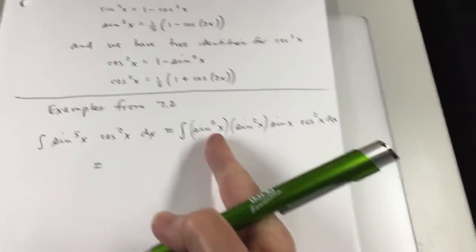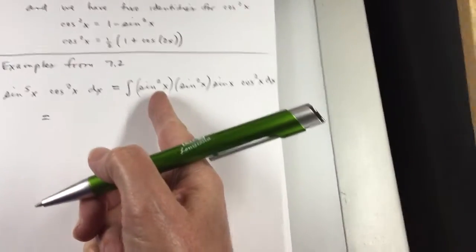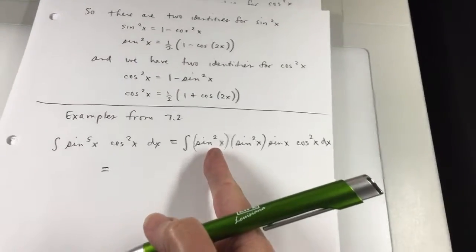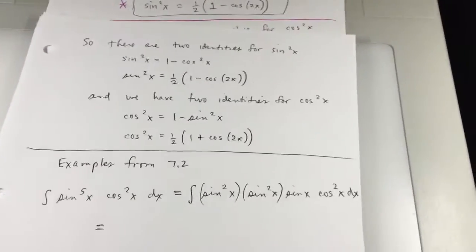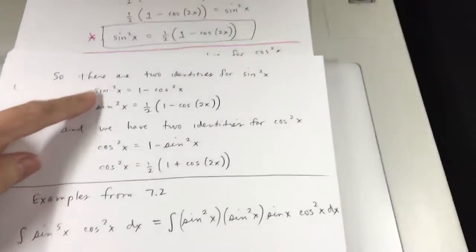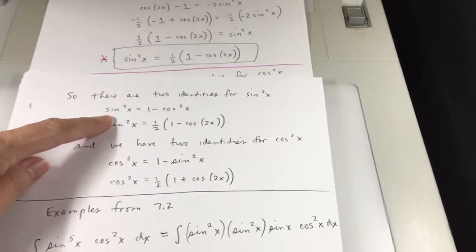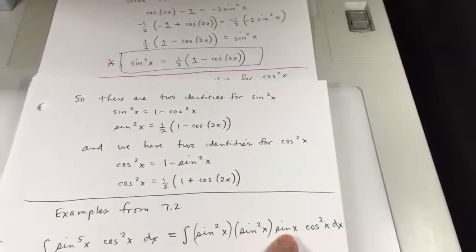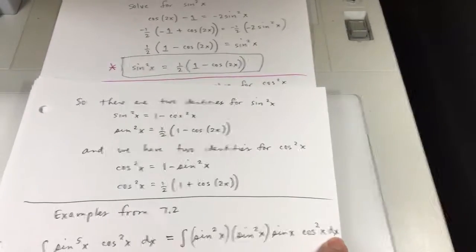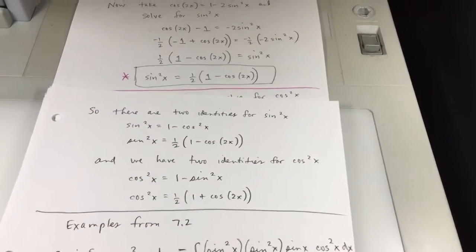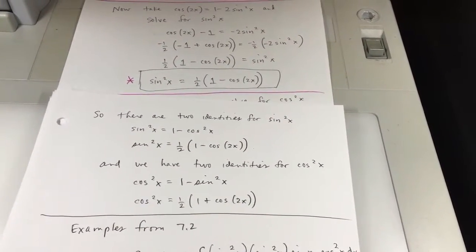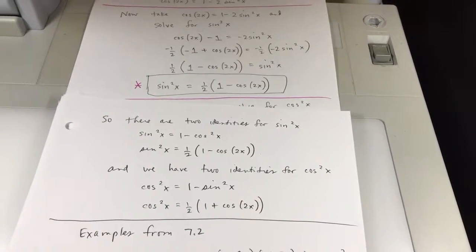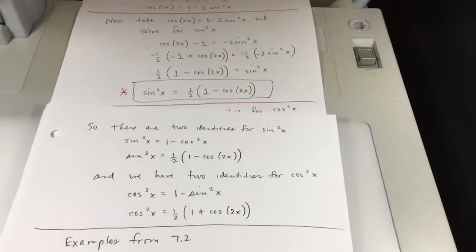I need a trig identity right here for sine squared x. I have two identities for sine squared x. If sine x dx is du, what will u be? Something with cosine x.